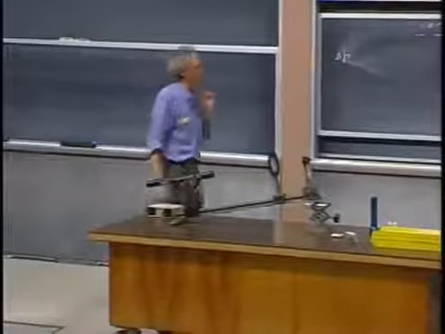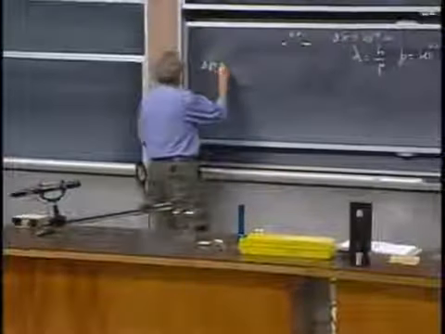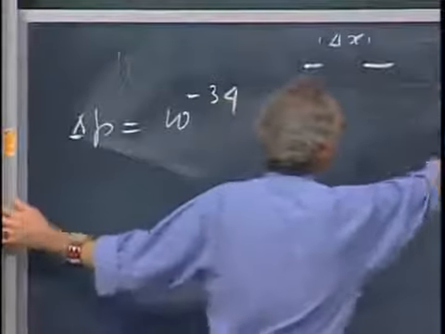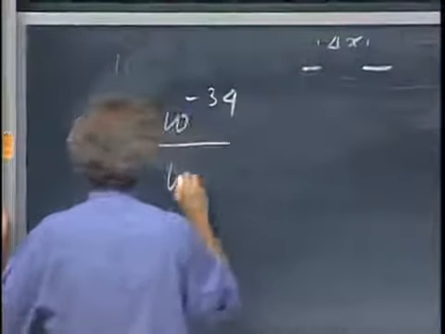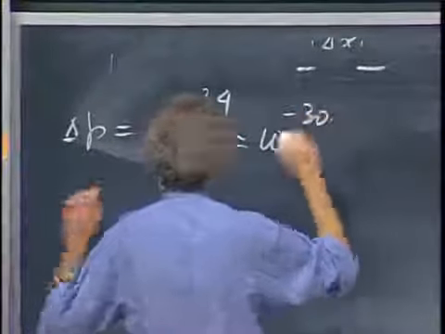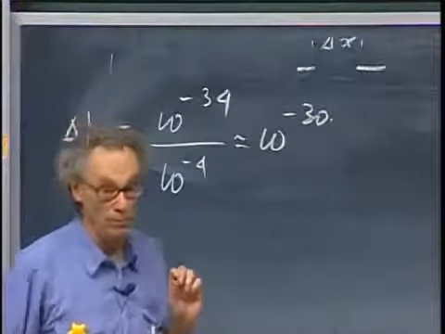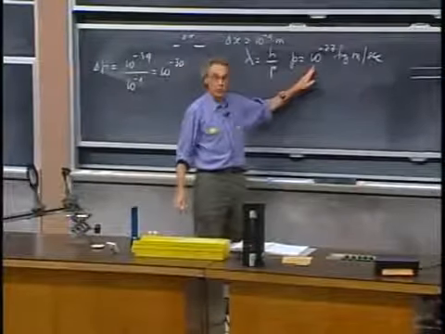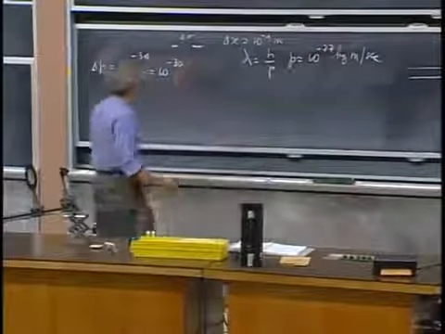The degree to which the momentum is undetermined, according to Heisenberg, is going to be 10 to the minus 34 divided by delta x, which is 10 to the minus 4. So that is 10 to the minus 30. Very small. But the momentum itself is 10 to the minus 27. So it's only 1 part in 1,000.